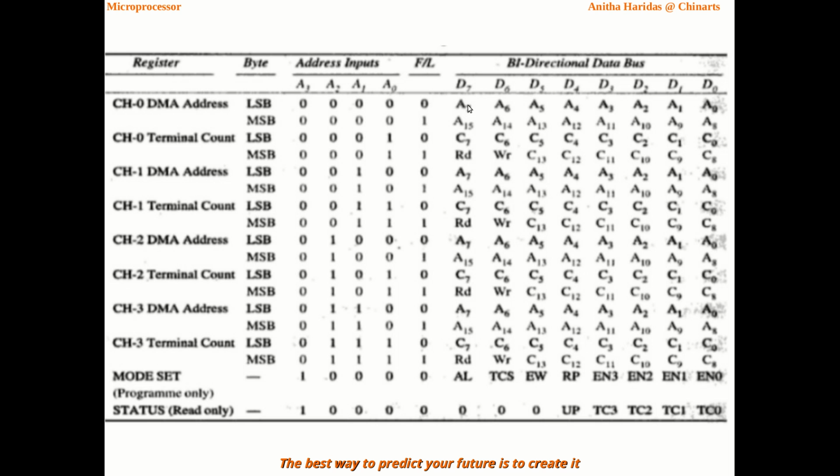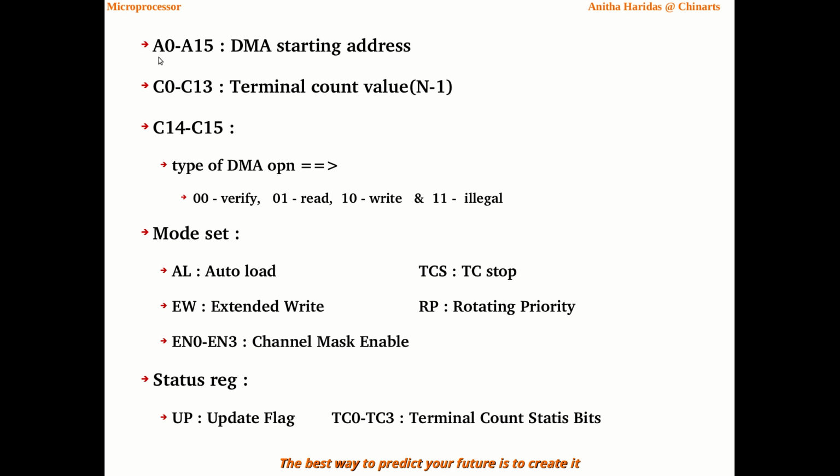Then in the next clock, it will send the most significant byte, again on the data lines D0 to D7, which is taken as address line 8 to address line 15. So that is what it says here. A0 to A15 becomes the starting address, and C0 to C13 will be the terminal count value.